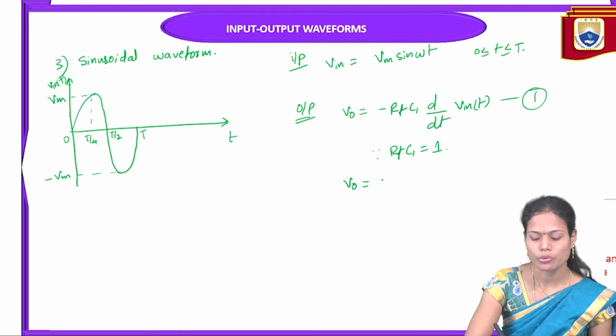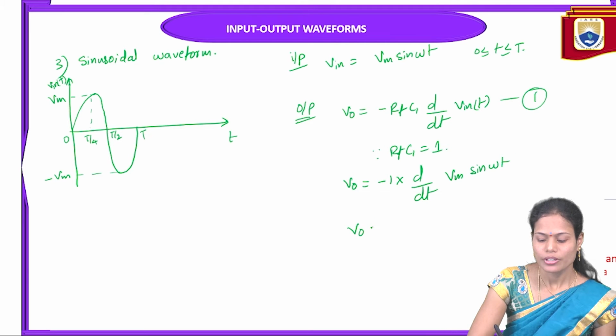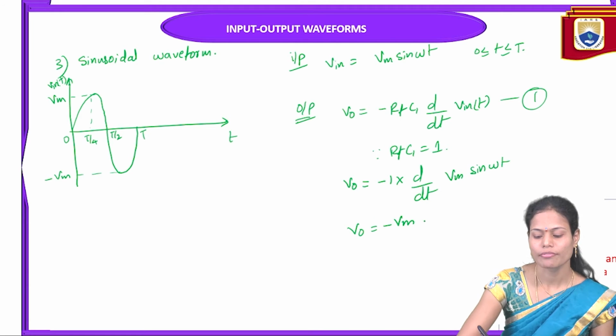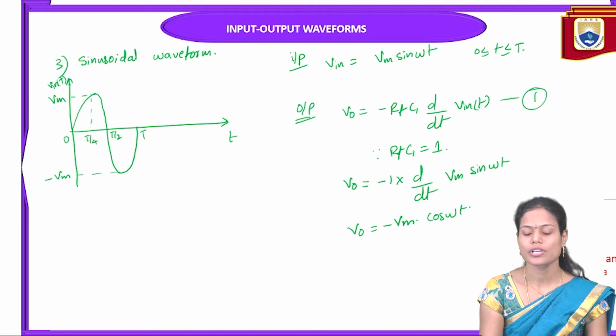So V naught equal to minus 1 into d by dt of Vm sine omega t. So V naught equal to minus Vm into cos omega t into omega. So this is the output voltage.